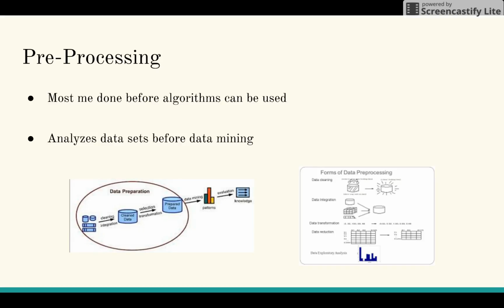A common source for data is a data mart or data warehouse. Pre-processing is essential to analyze the multivariate data sets before data mining. The target set is then cleaned. Data cleansing removes the observations containing noise and those with missing data. So it helps remove the information that we really can't use. It's kind of just there, all of the junk data.